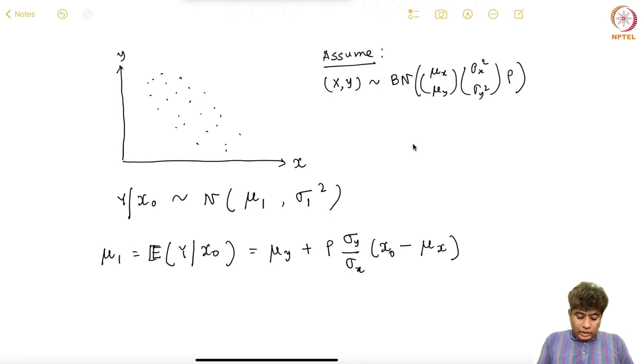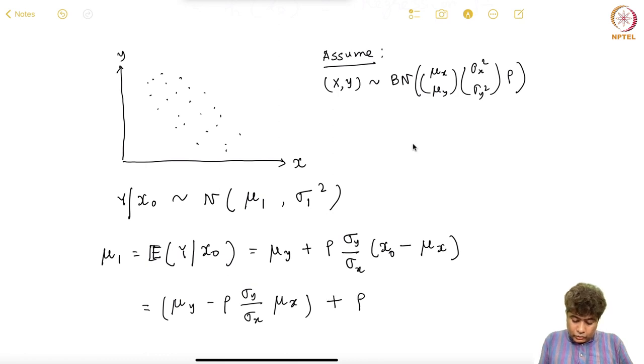So you can carefully look into it. I can rewrite it as mu y minus rho sigma y by sigma x times mu x plus rho sigma y by sigma x times x naught.